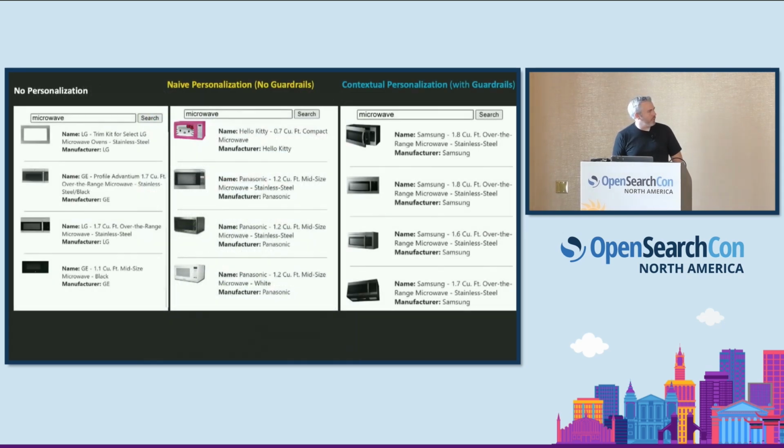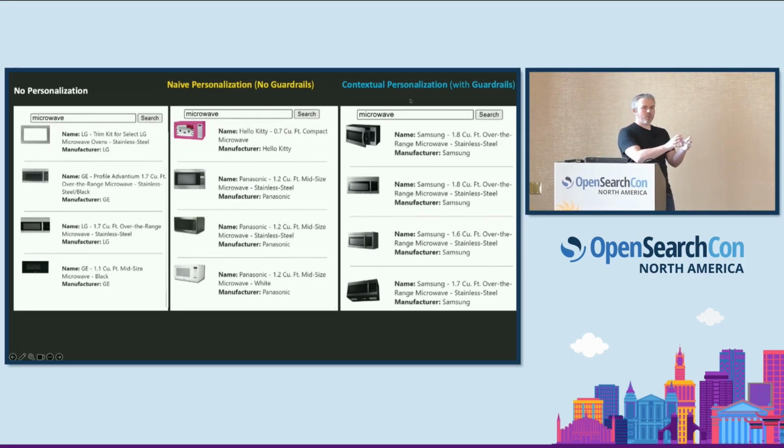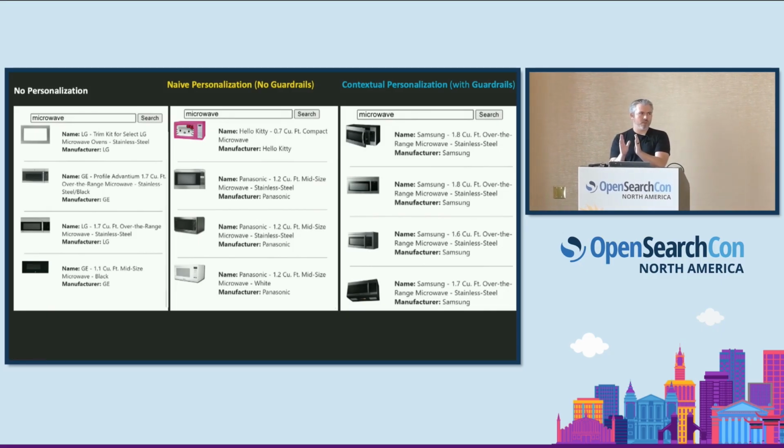There's the code for it, but then you end up with what we saw earlier, which is if I just run a standard keyword search for microwave, I end up with basic microwave results. If I use all of the user's behavior to personalize, I end up with this mixed bag of results. And if I contextually personalize, meaning I find the clusters associated with the current query, in real time grab the user's previous interactions that fall within those clusters and only use those embeddings to personalize, now I can personalize specifically for this user.